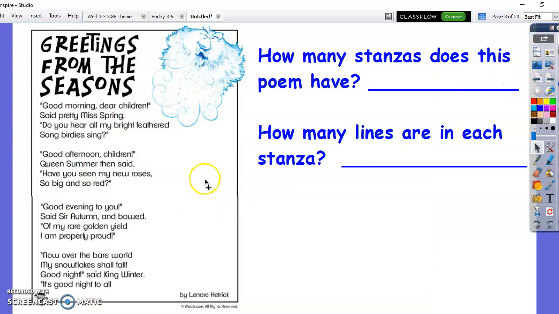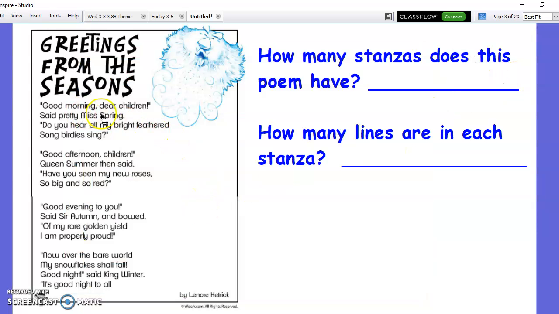So if you look at this poem, first off you can see the groups of lines that are the stanzas. As I count the stanzas, we have 1, then we have a space, 2, another space, 3, a space, and 4. So how many stanzas does this poem have? 4.